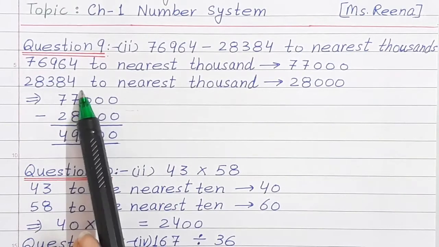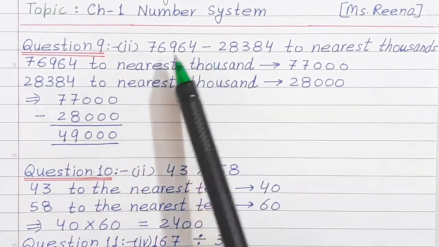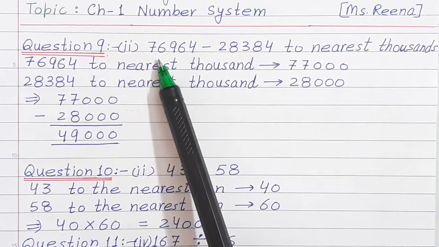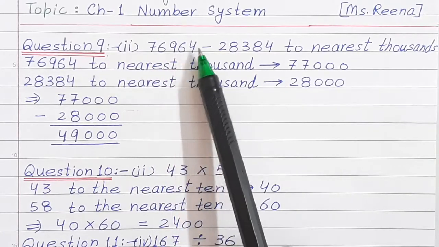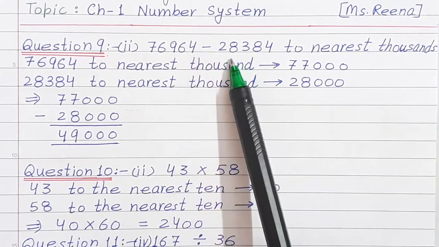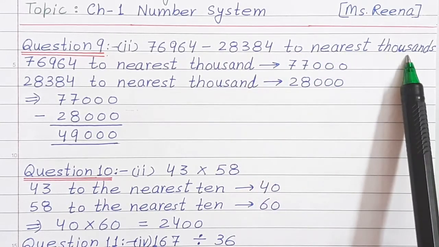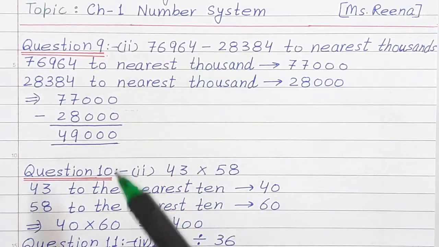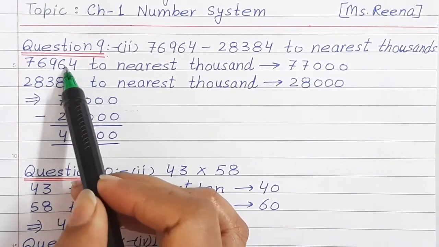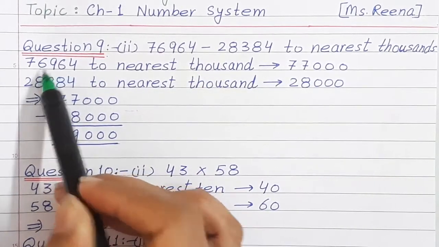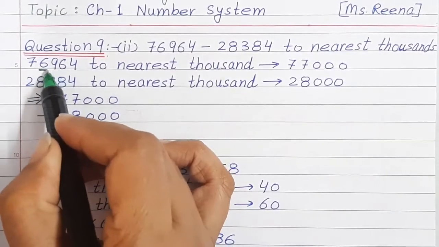Now question number 9 is 76,964 minus 28,384 to the nearest 1000. Now students, you can see this is ones, tens, 100, 1000. 6 is at the 1000 place.